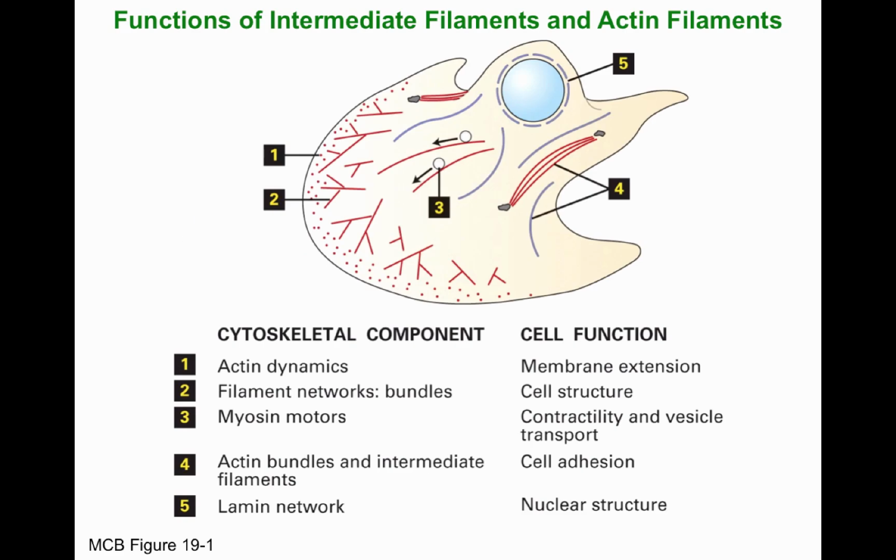So here, this cell, a keratinocyte, is showing you different functions that you can see for intermediate filaments and actin filaments. In number one, what you can see at the leading edge of the cell, keratinocytes can move sort of like a spaceship. This one will be moving towards the left-hand side. You see the branching of filament networks, which are extending and then exerting force at the edge of the membrane.